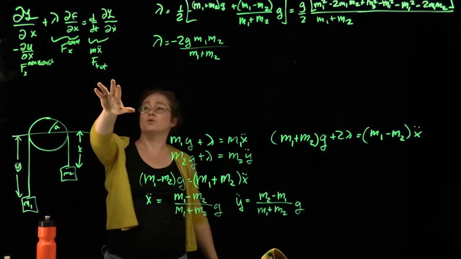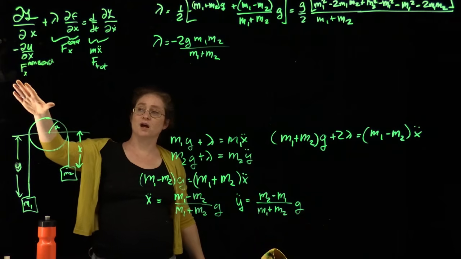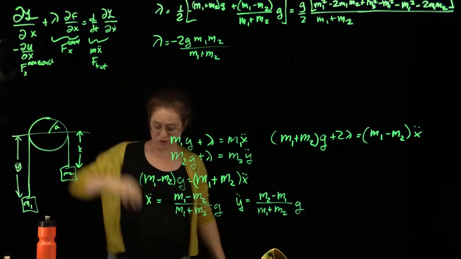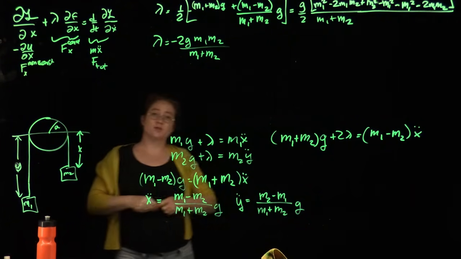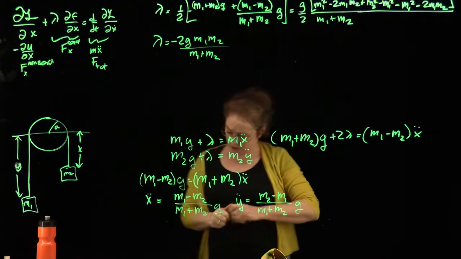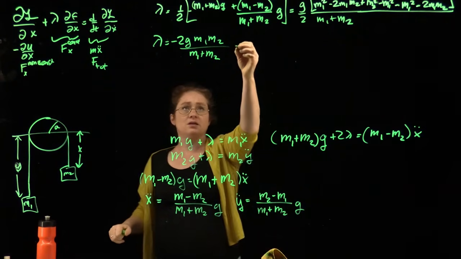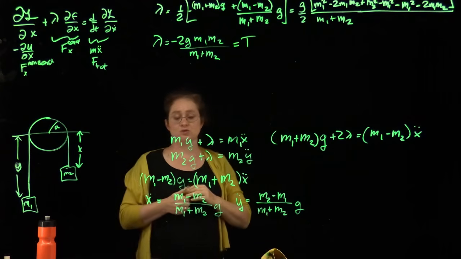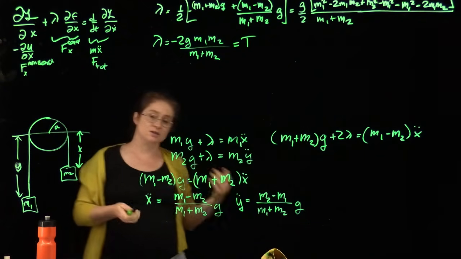So the total force is equal to the force not from the constraint plus the force due to the constraint. By doing this, we can interpret this as the tension in the string, which is in fact causing the constraint.